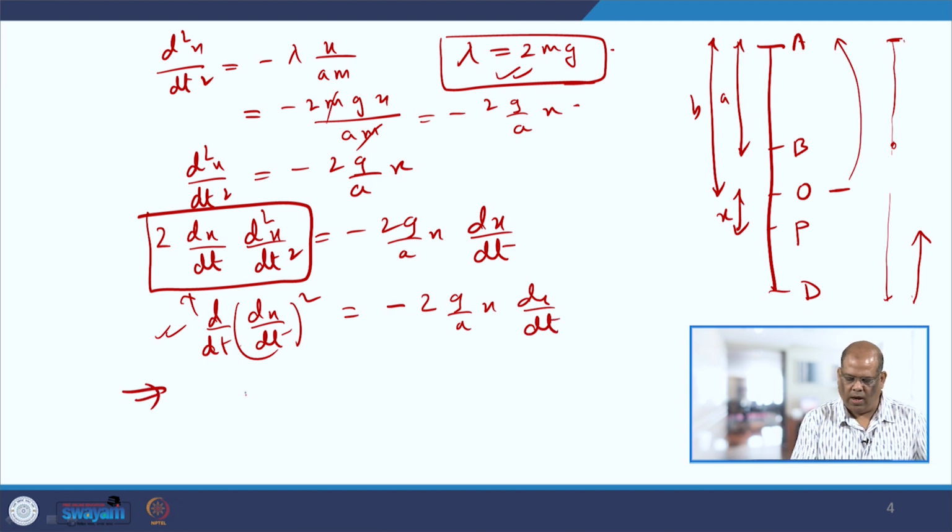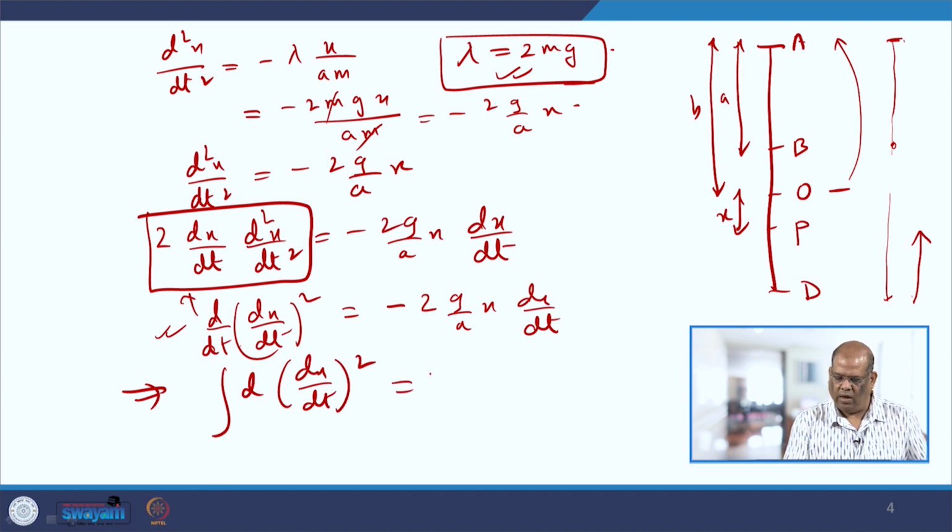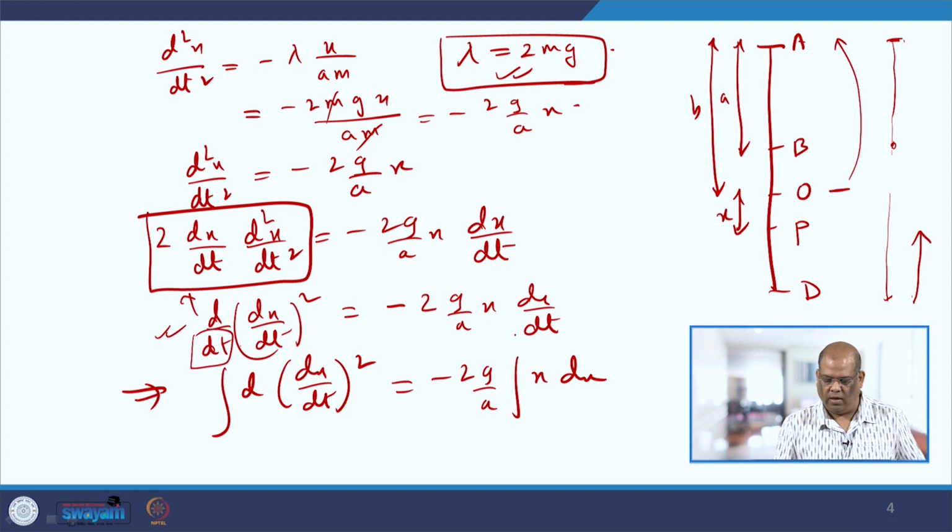Now, this can be written as the integral of d of (dx/dt) whole squared equal to minus 2g by A integral x dx. Now, it is not that you are cancelling this dt and dt from that side. I am not getting into that explanation, but just in the next step, this is integration of d of this, and this is d of x. So, if I integrate this, this becomes (dx/dt) whole squared.